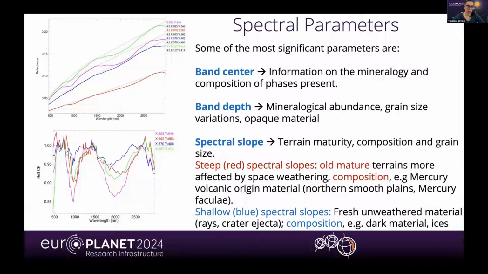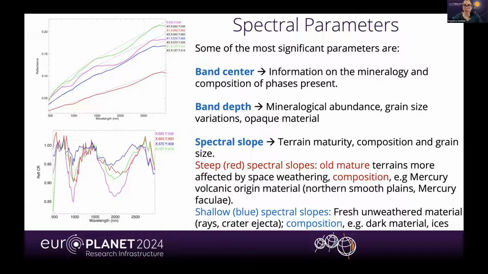So each mineral, as I told you, has particular absorption features centered at particular wavelengths, so we can compare this with our surface and then understand what the minerals present are.